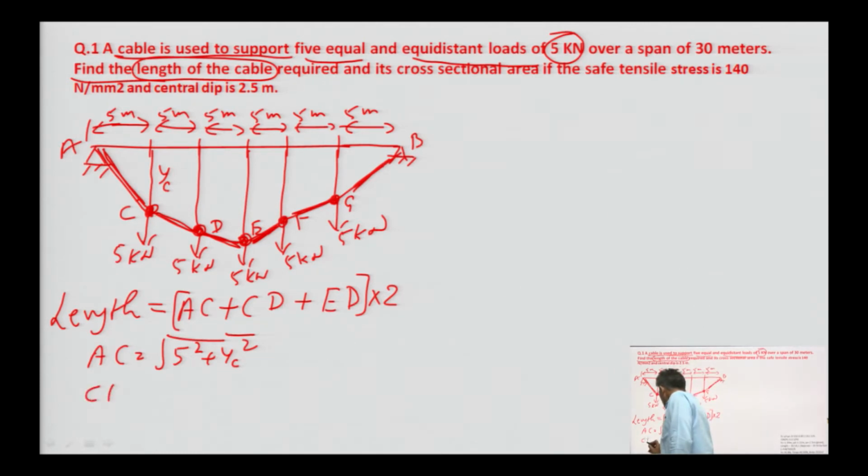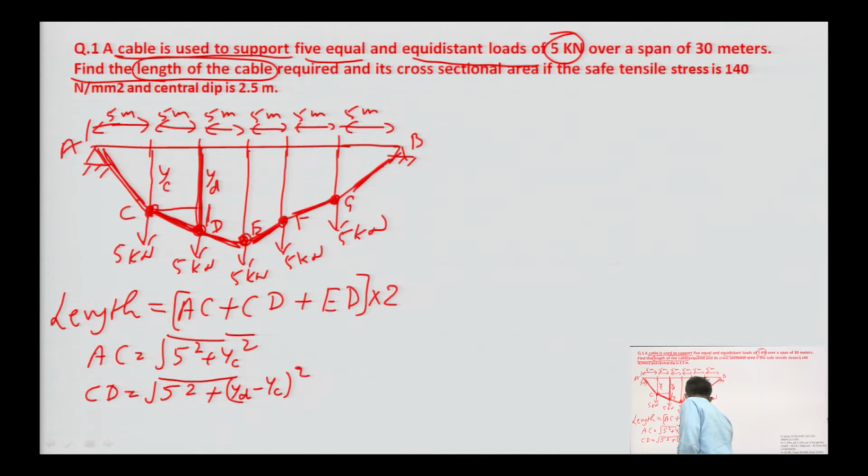Similarly, the value of CD will be under root of 5 square plus this one distance. Suppose this total length is YD, so this one length will be YD minus YC whole square. So, this will be the length of CD.